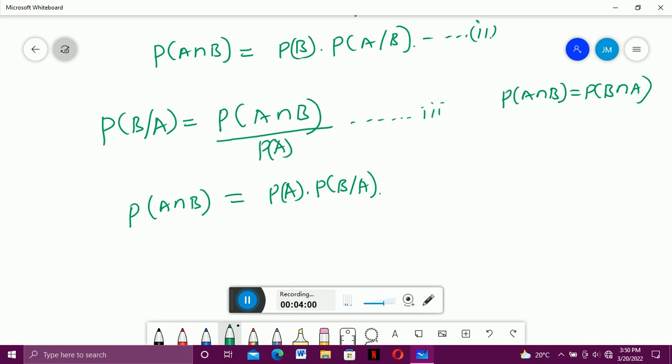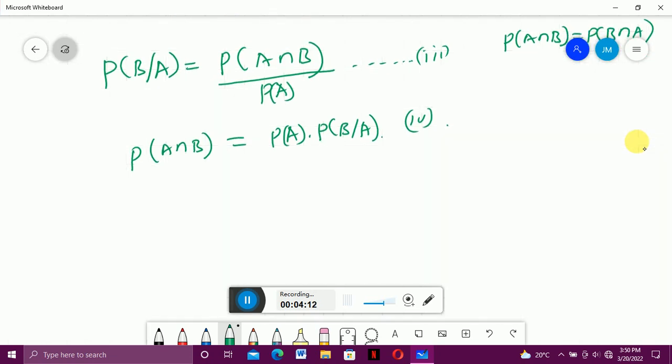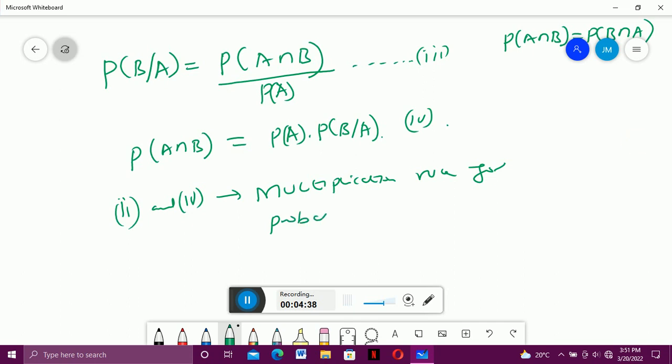So if we call this 3 and this 4, it is important to note that what we have written as 2 and 4 is what we call multiplication rule for probabilities. It is a multiplication rule for probabilities.